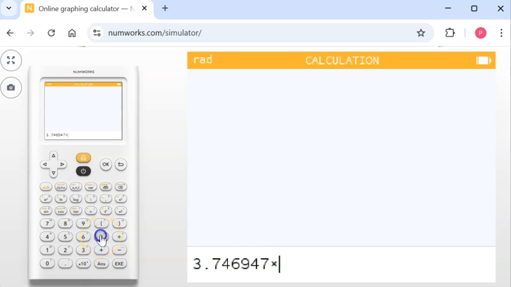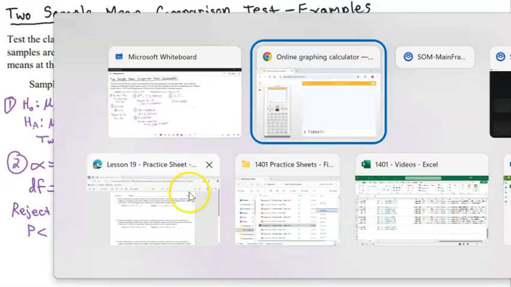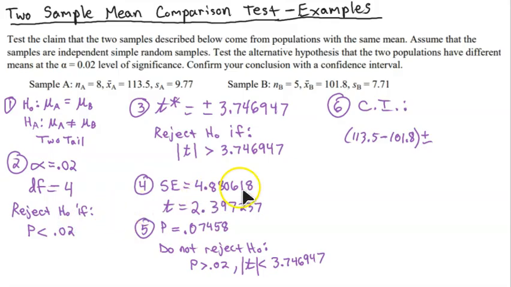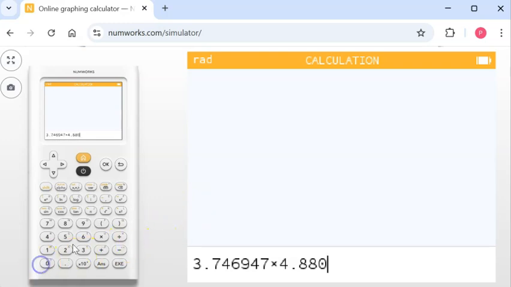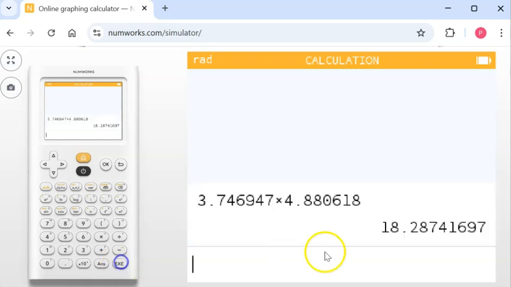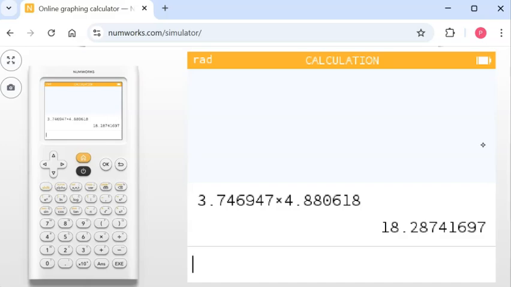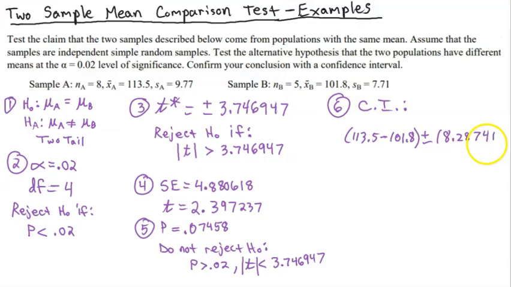Okay, so there's my t star times my standard error, 4.880618, and I get 18.287417.